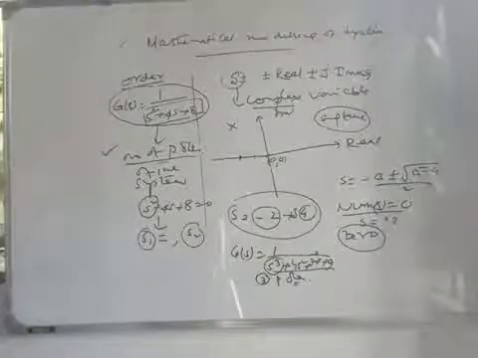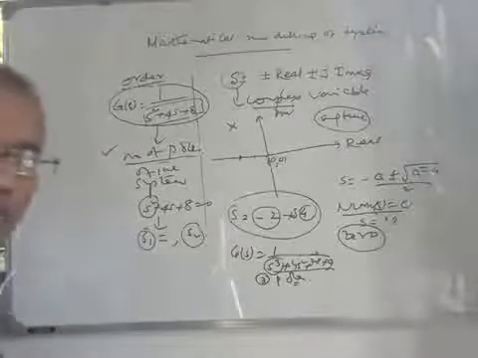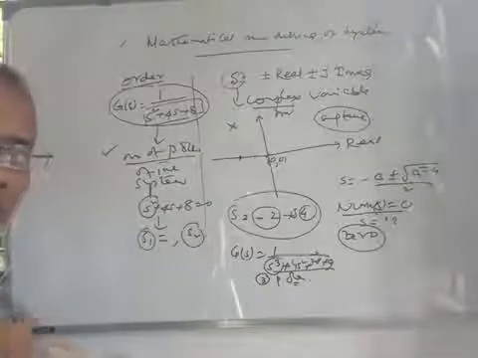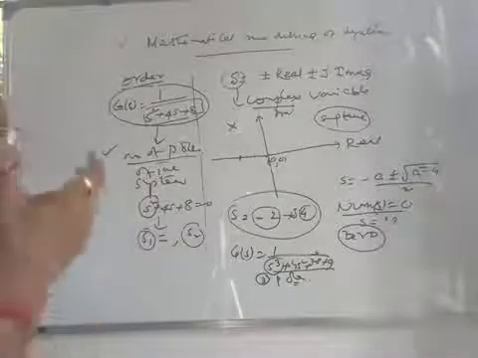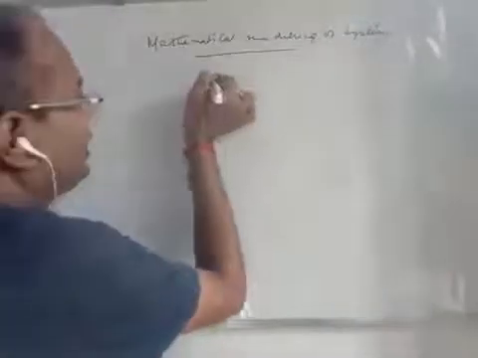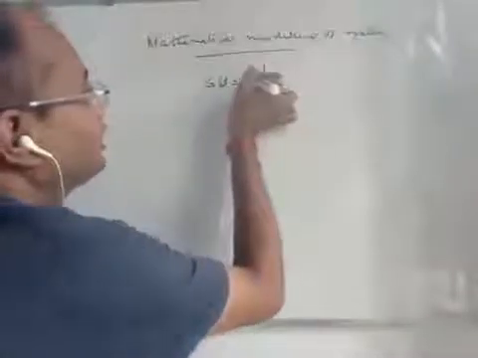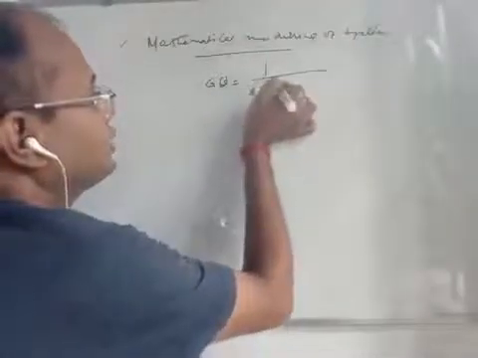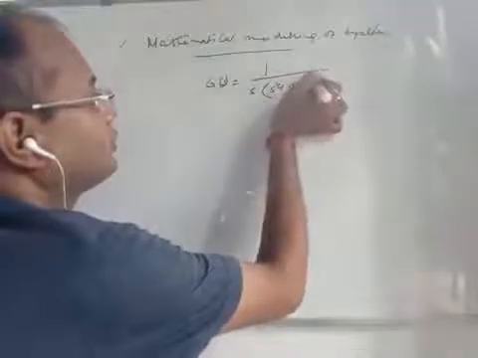Now what is the concept of type? Once you know the order, then the type of the system is very easy to find out. See, a system you can write is like 1 by s into s square plus 4s plus 5.